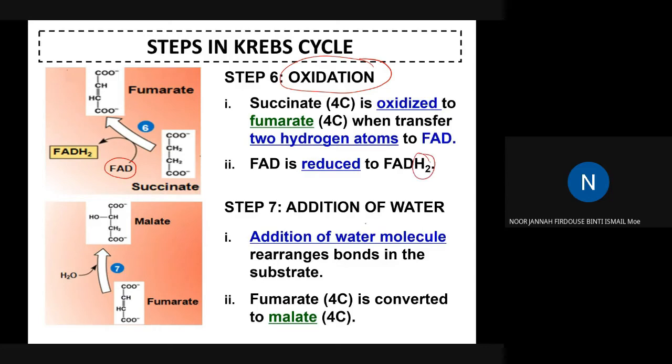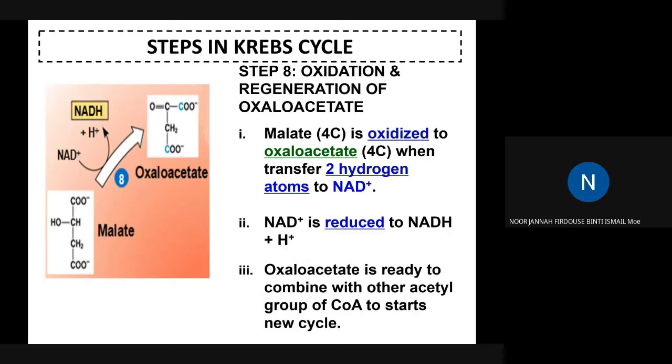Next, fumarate will be converted to malate by the addition of water. With the addition of water, the molecules in the fumarate will be rearranged and then converted to malate. So very simple, fumarate converted to malate with the addition of water. The next process is oxidation and regeneration of oxaloacetate.